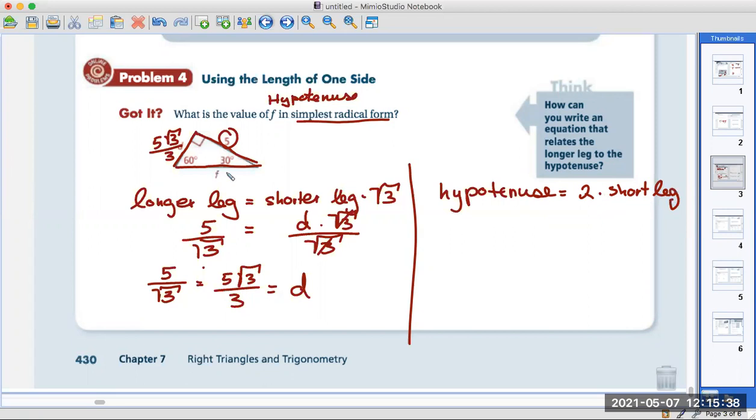So the hypotenuse is f, equals 2 times the shorter leg, which is 5 square root of 3 over 3. And when you multiply this, you only multiply these two. That will take care of the whole thing. 2 times 5 is 10. And that would be the answer.